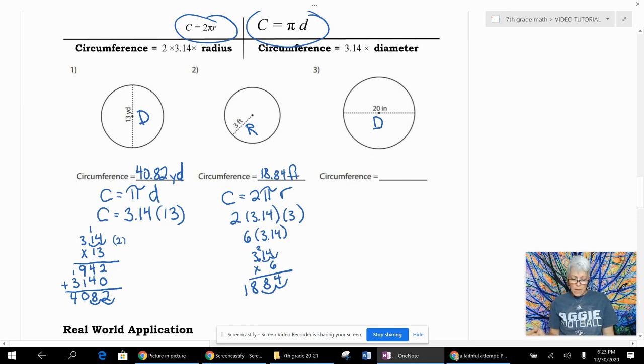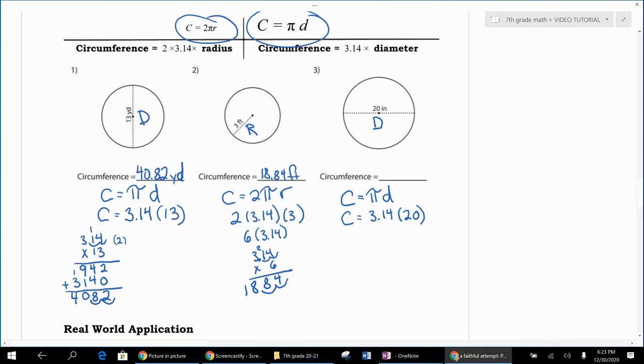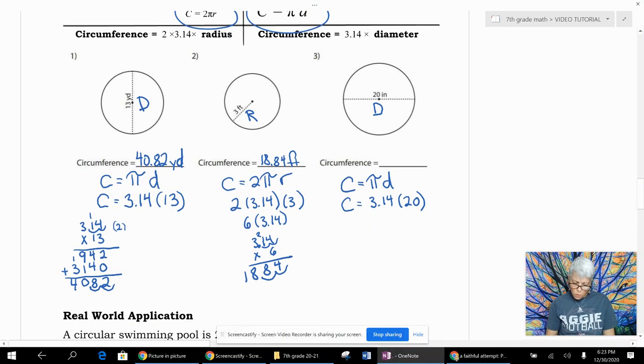Let's move on. They gave me the diameter, so I'm going to use the diameter formula, which is C equals pi times diameter. So C equals 3.14 times 20. Okay. Again, I'm going to go ahead and get that back here. 3.14 times 20.